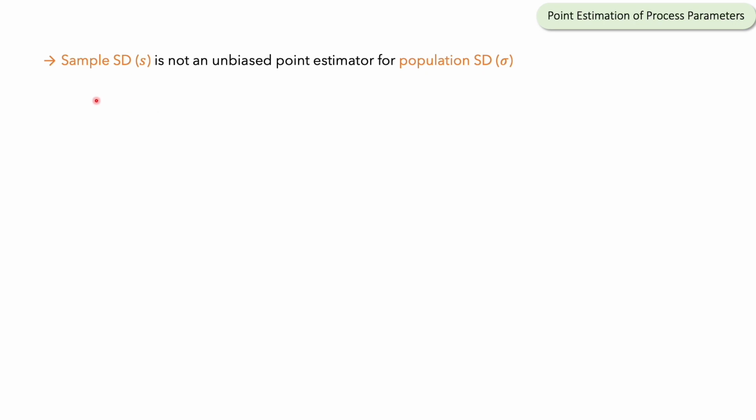Now, sample standard deviation is not an unbiased point estimator for population standard deviation. In fact, they are related like this. This is the sample standard deviation and this is the population standard deviation, and they are linked with this factor here. If you recall from the previous slide, the sample mean was the unbiased point estimator for population mean, and sample variance was the unbiased point estimator for population variance.